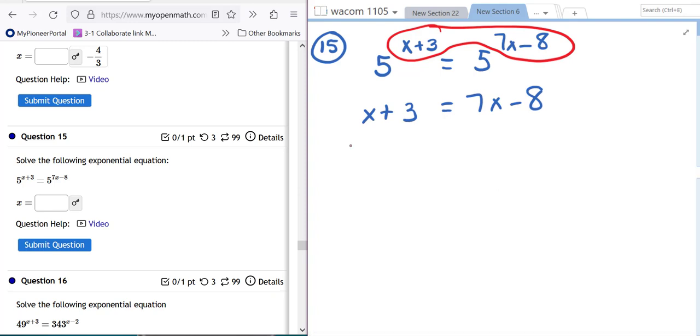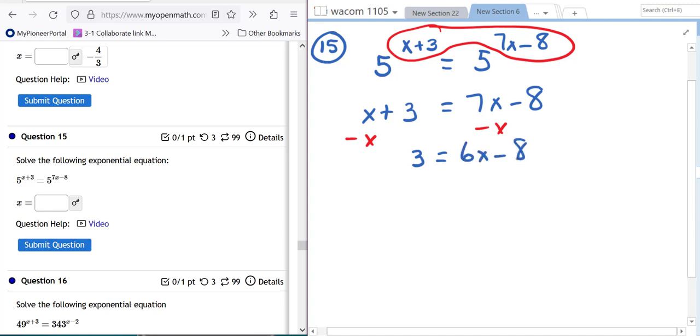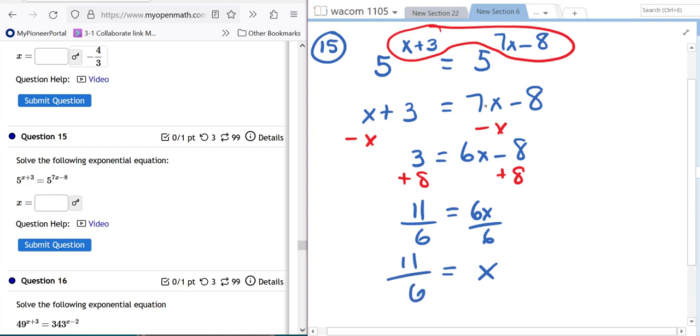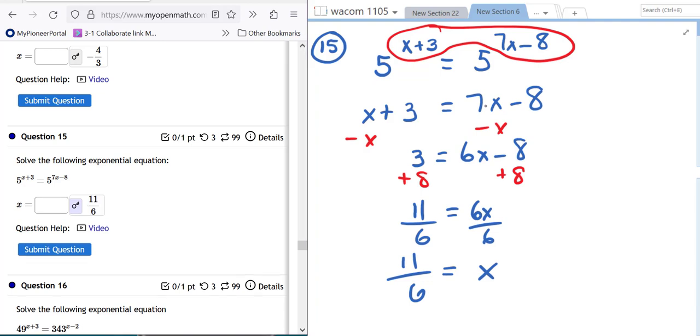So I'm going to get rid of the x. So 3 equals 6x minus 8. Add your 8. So I get 6x equals 11 and divide by 6. So x equals 11 over 6. If you started the other way and got rid of 7x, you should get the same answer. So it just looked like it would be harder. It actually was not a big deal.